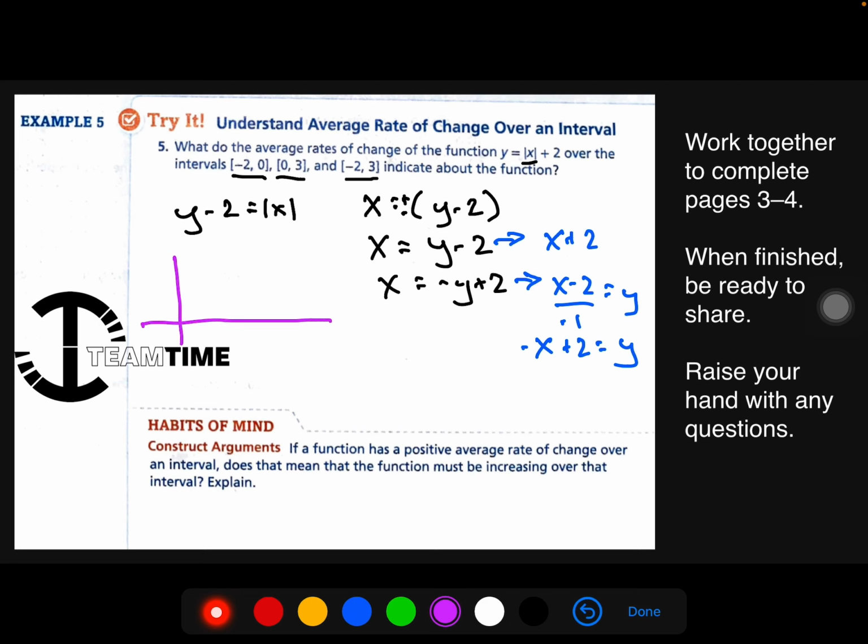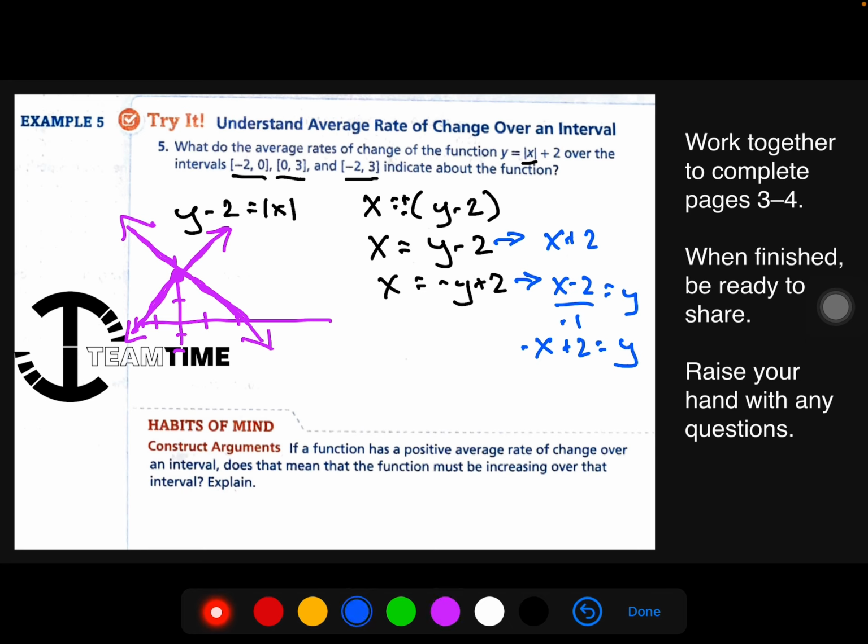X plus 2, so 1, 2, 1, 2. 2 is our y-intercept, and we have a positive slope going that way. Then again 2 is our y-intercept. We have a negative slope going that way.